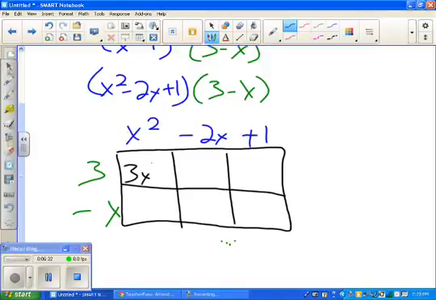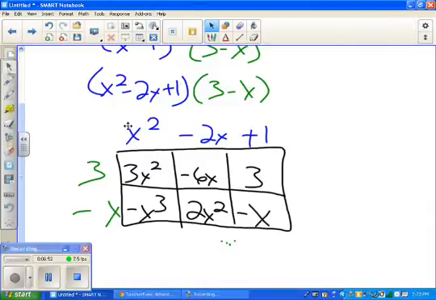So x squared times 3 is 3x squared. Negative 2x times 3 is negative 6x. 3 times 1 is 3. Negative x times x squared is negative x cubed, and so on and so forth. Lastly, what I want to do is combine the like terms. So I have 1 x cubed term, I have 2 x squared terms, and I have 2 x to the first terms.